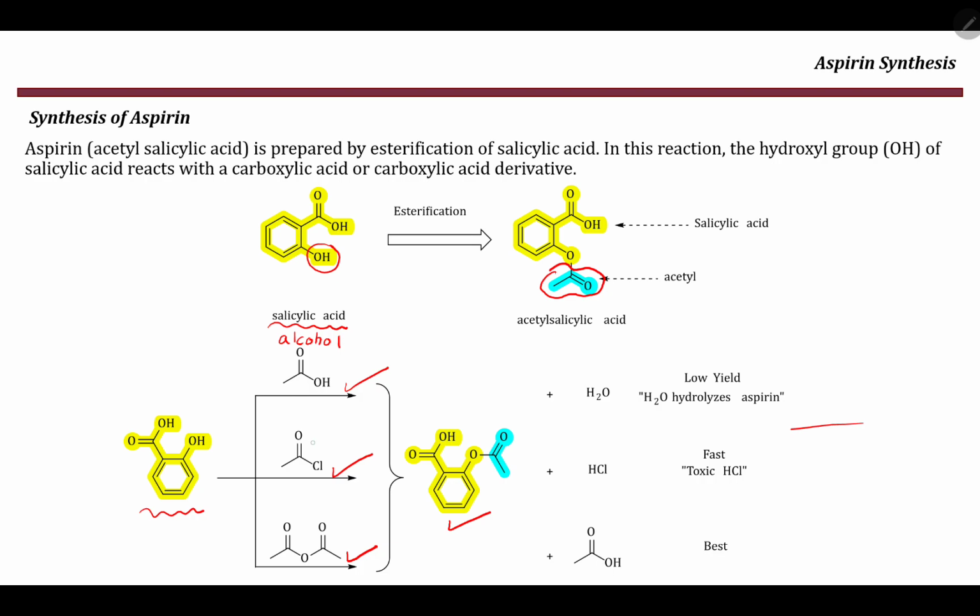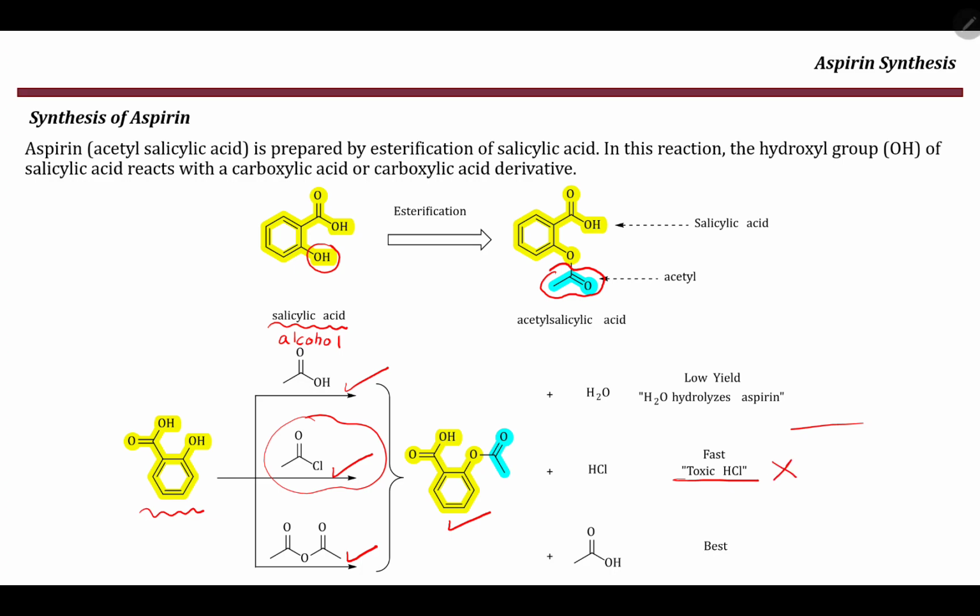Now, usually reactions with acyl chlorides are very fast. However, they have the problem of producing the toxic compound HCl, and the reaction is so vigorous that it cannot be controlled. That's why preparing acetyl salicylic acid in this way is not a good idea.